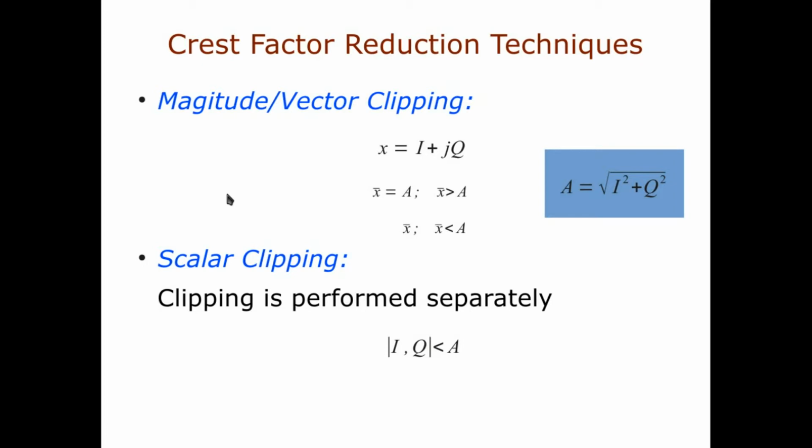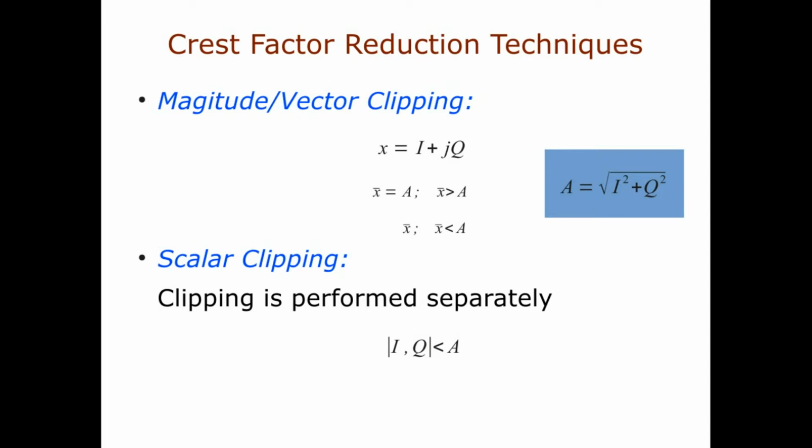So we are going to learn about 2 crest factor reduction techniques which are actually based on clipping of the waveforms. Whatever amplitude happens above a particular amplitude which denotes the linear range is going to be thresholded to a constant.